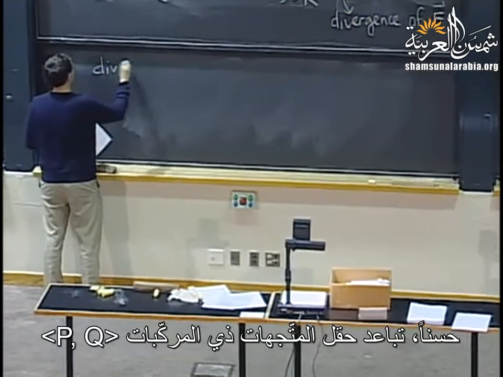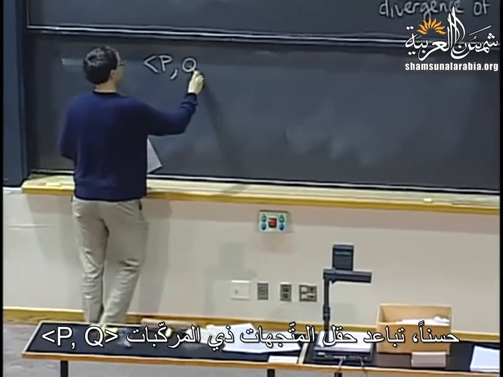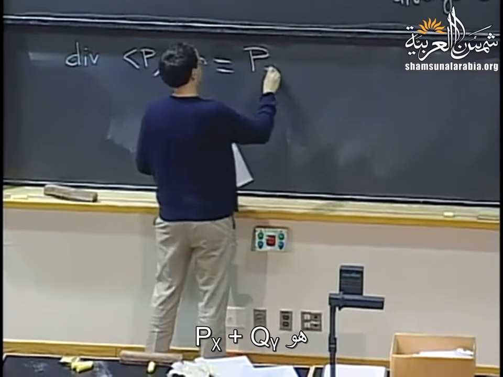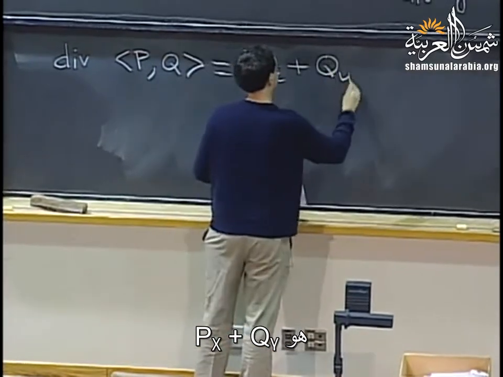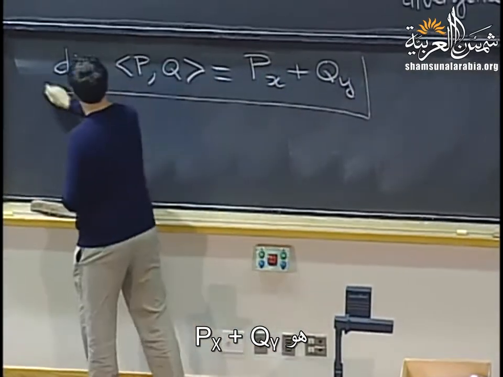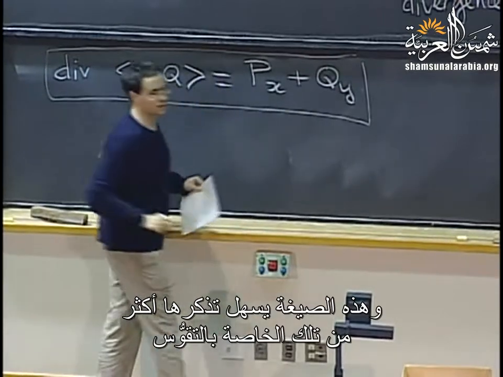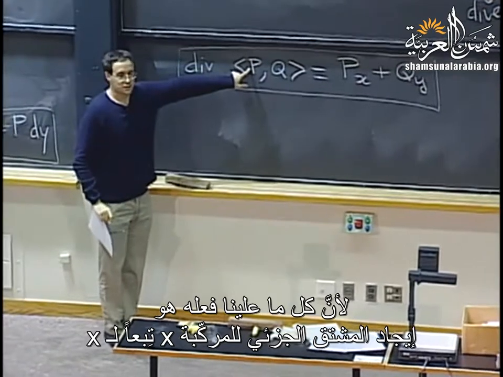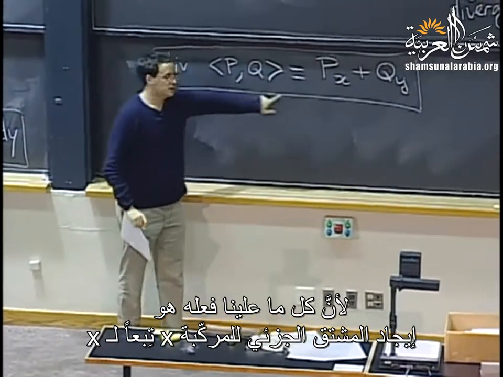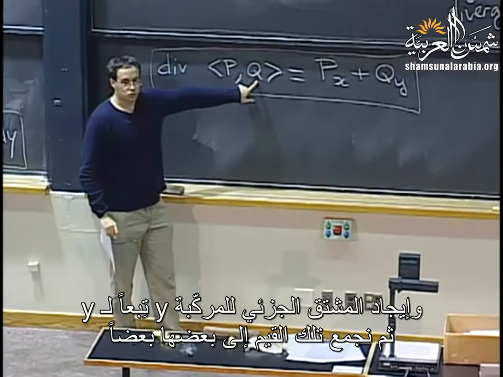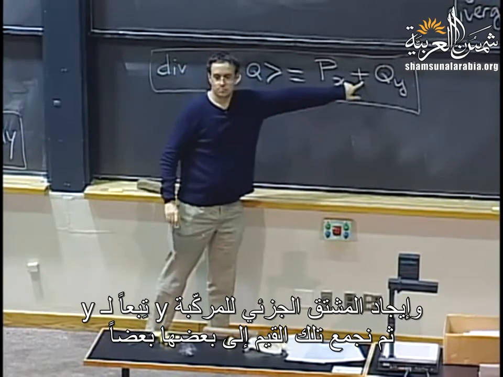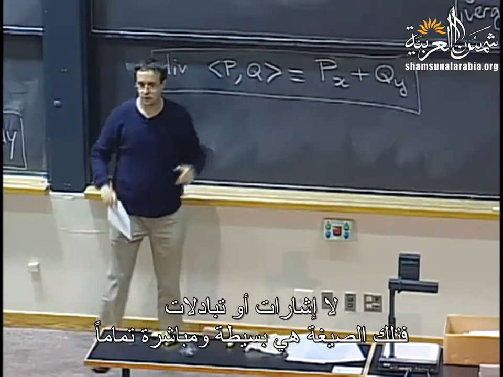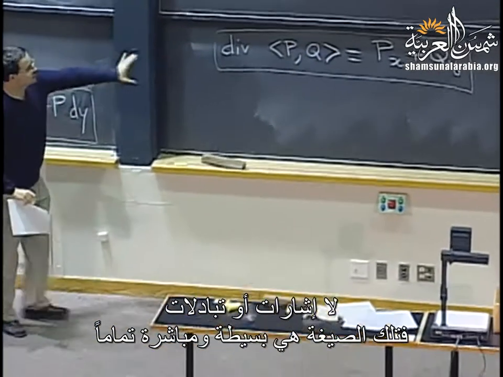So the divergence of a vector field with components P and Q is just P sub x plus Q sub y. So this one is actually easier to remember than curl, right? Because you just take the x component, take its partial with respect to x. Take the y component, take its partial with respect to y, and add them together. No signs, no switching things around. This one is pretty straightforward.